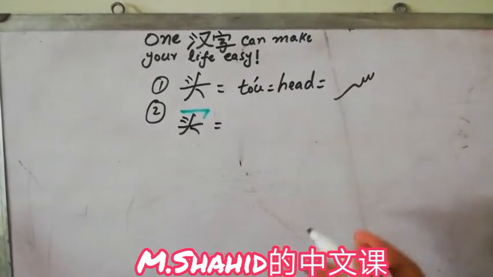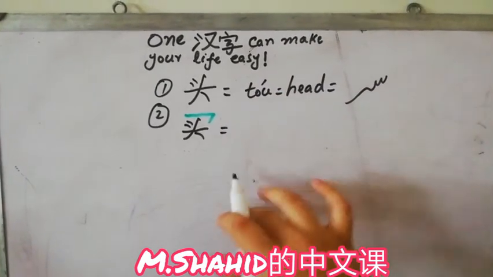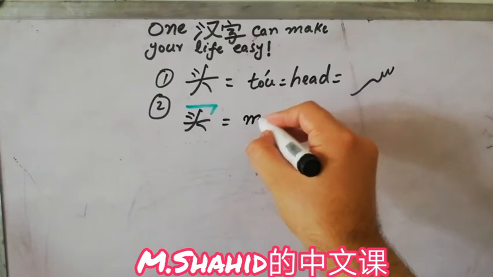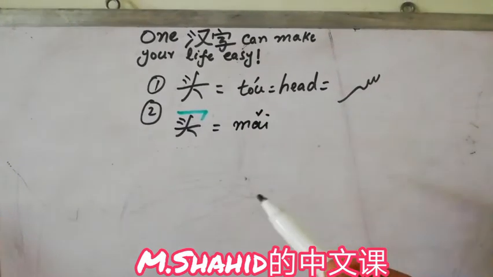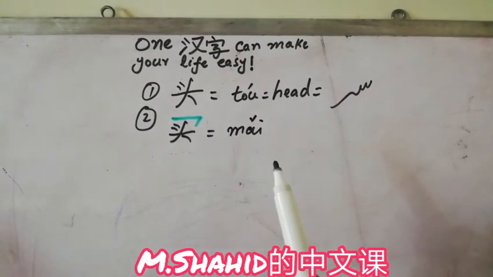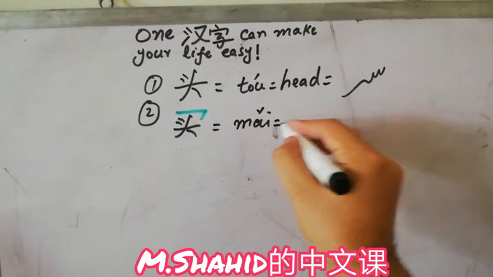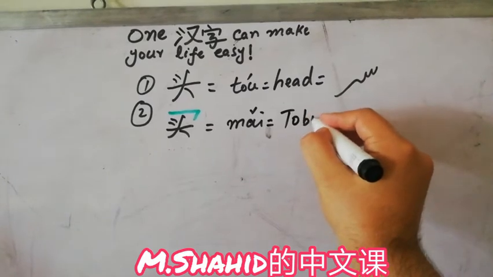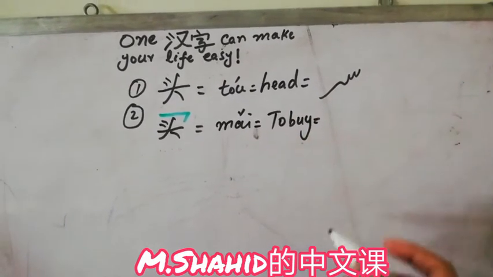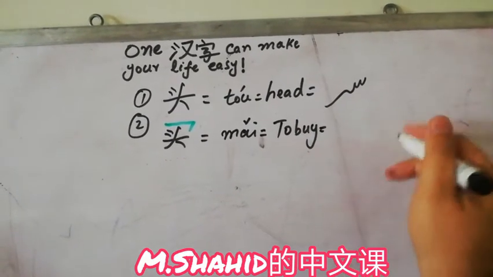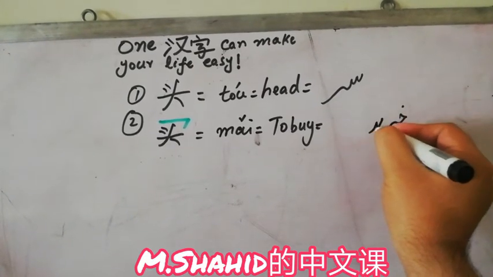But here, the pinyin becomes different. It becomes mai, which means to buy something. In Urdu, khareedna.